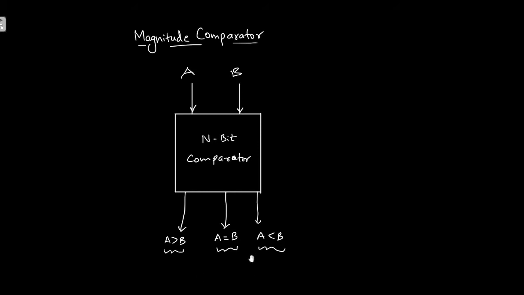Now we can draw a truth table. The following truth table is for a 2-bit comparator. Here we show an n-bit comparator, but for the working purpose we consider a 2-bit comparator.